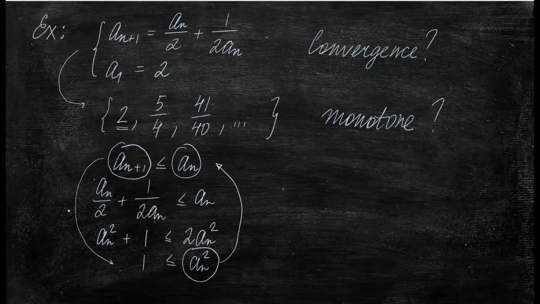I guess this argument is less formal than we want it to be, but since we're bouncing back and forth between proving that it's monotone and bounded, this proof shows us that it would be nice to establish that an is greater than 1.